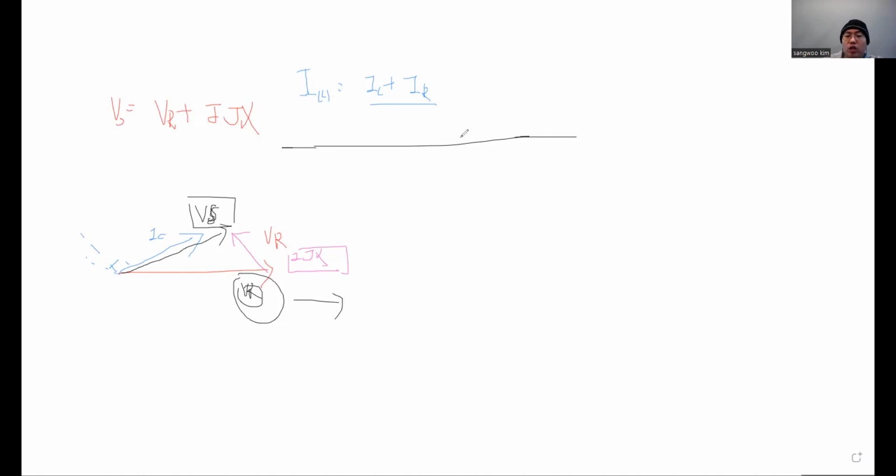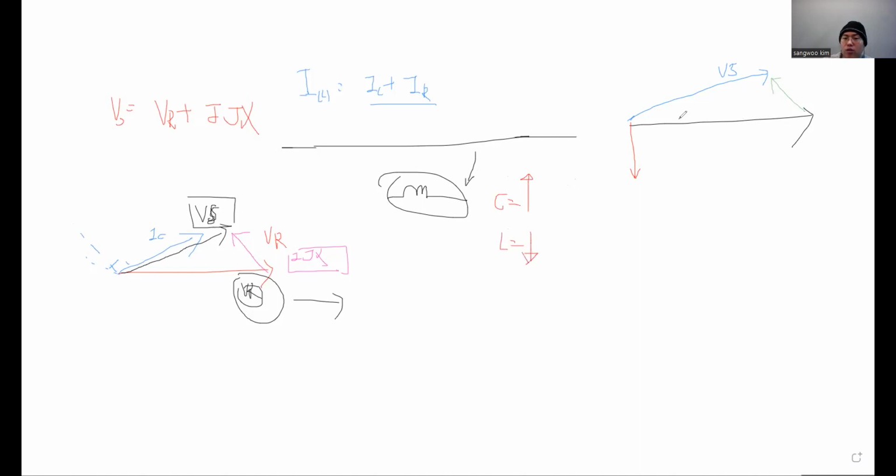So after that, we need to add a reactor coil. Let's see here. This is VS, and the coil is this part. C is leading and the coil is lagging.